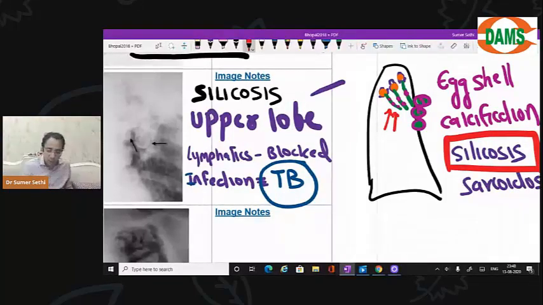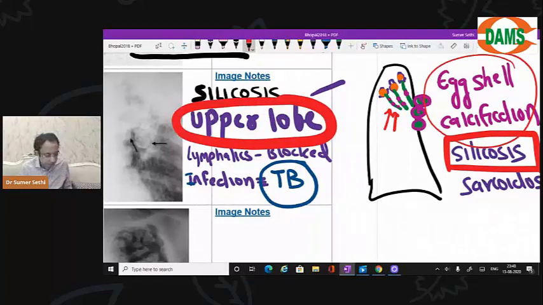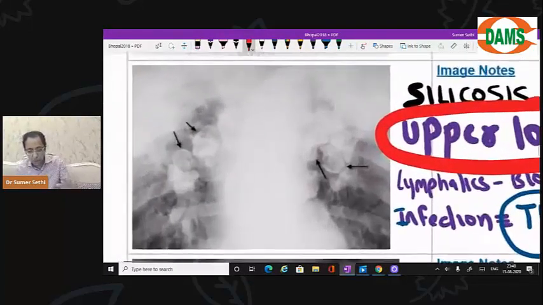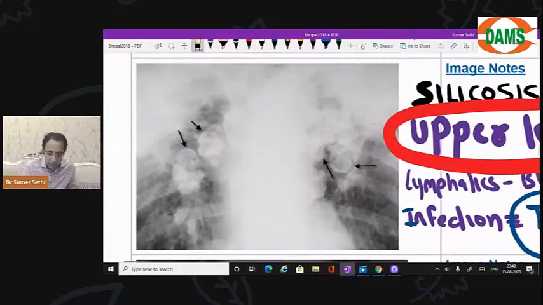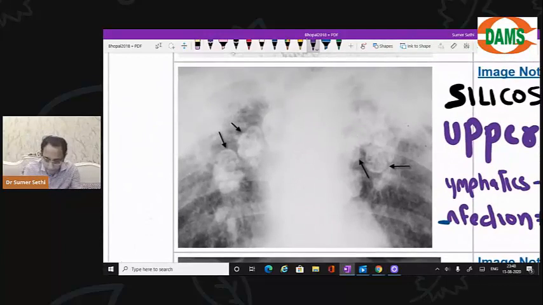Second thing to remember here is upper lobe predominance. Third is eggshell calcification. Okay, now see. When we look at the X-ray, this is how it would look. You will see opacities in the upper lobe.